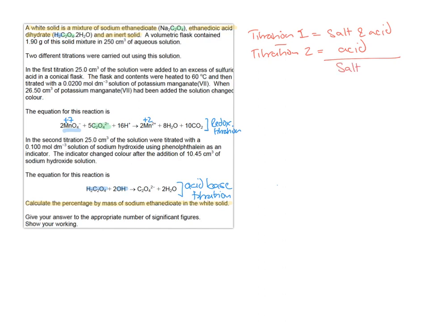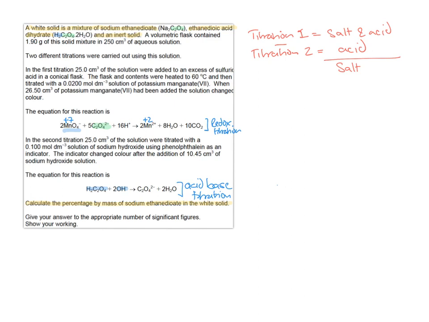So that's what we're going to need to do next. We're going to need to do the actual calculations based on the moles and volumes that we've got for titration 1, do it for titration 2, and then when we subtract titration 2's moles from titration 1's, that will give us an idea of how much sodium ethanedioate, the salt, we have.